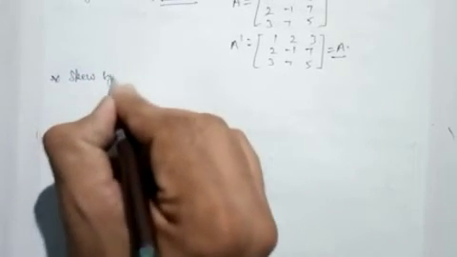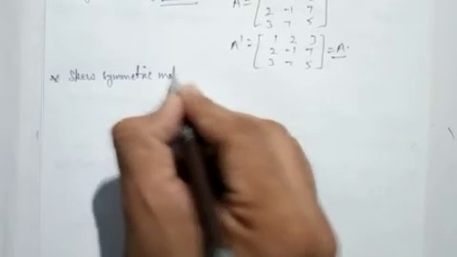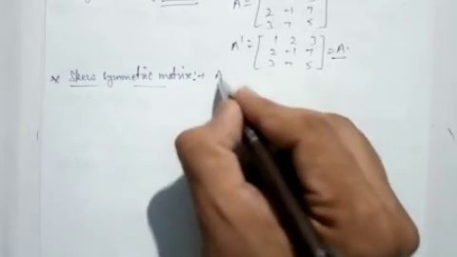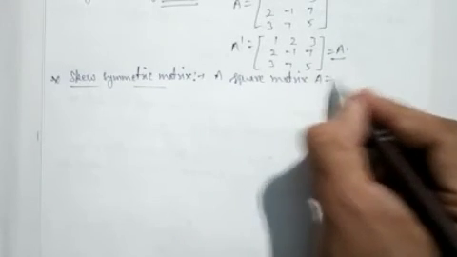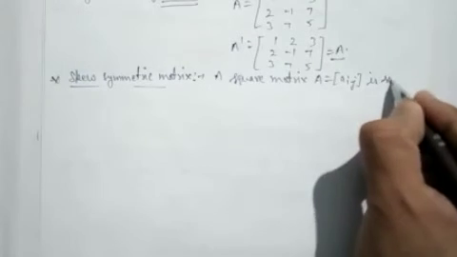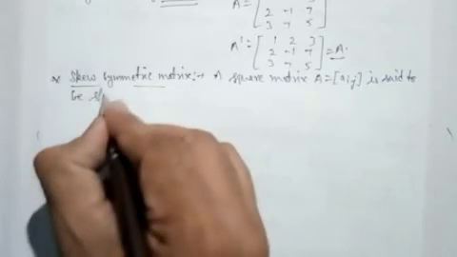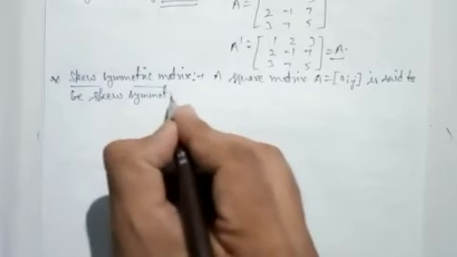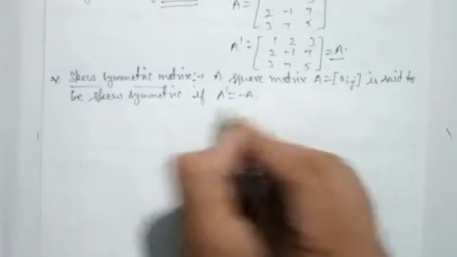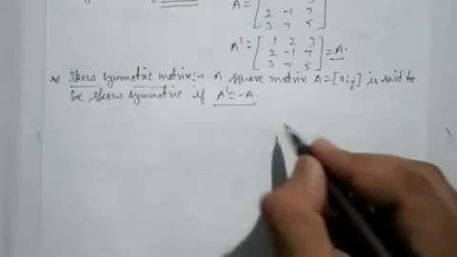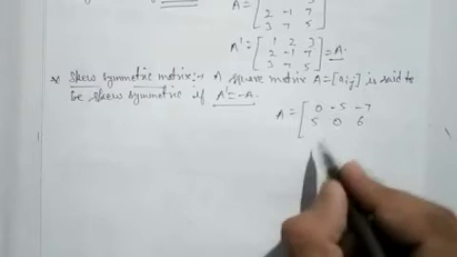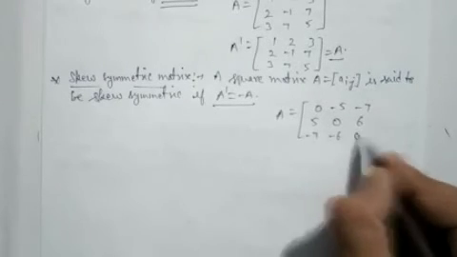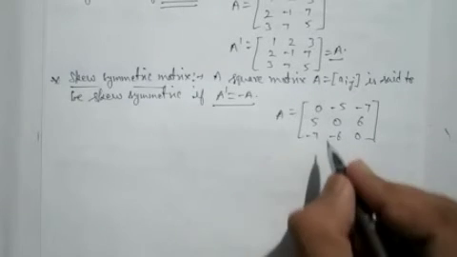Clear? Next one is skew symmetric matrix. A square matrix A equals A_ij is said to be skew symmetric if A transpose equals minus A. For example, A matrix is 0 minus 5 minus 7, 5 0 6, then minus 7 minus 6 0, sorry, plus 7.